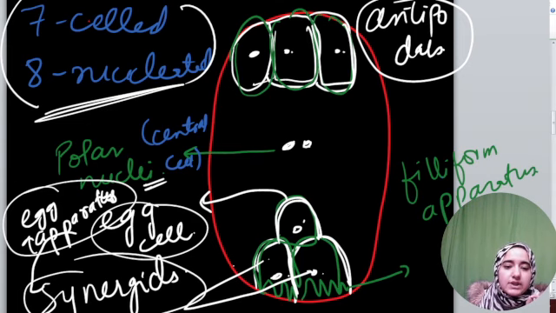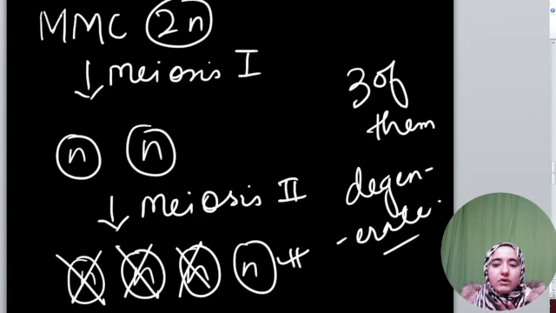Now, as we did in the male reproductive structure, how many meiosis and mitosis took place in order to form the male gamete? The answer was one meiosis, two mitosis. But here, what is the answer? How many meiosis and mitosis will take place in order to form the female gamete? The answer is one meiosis, right?